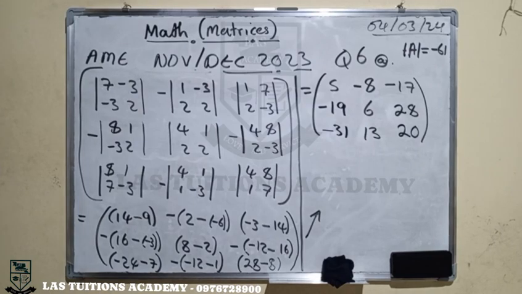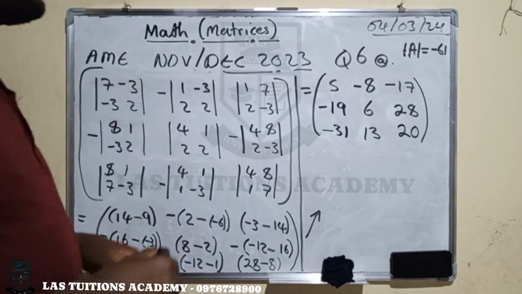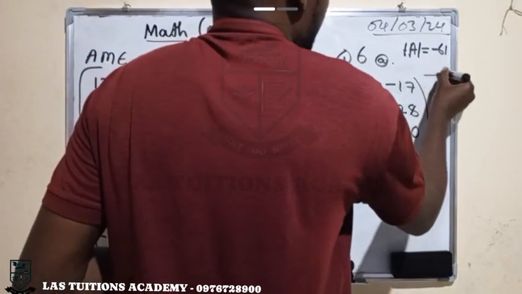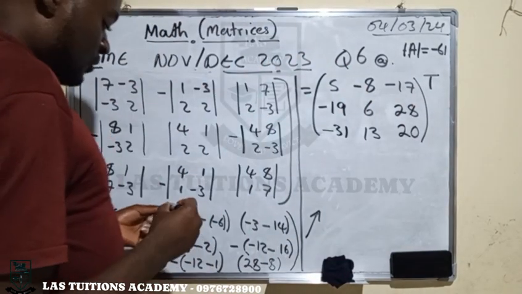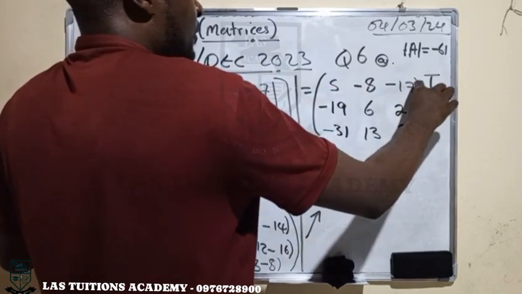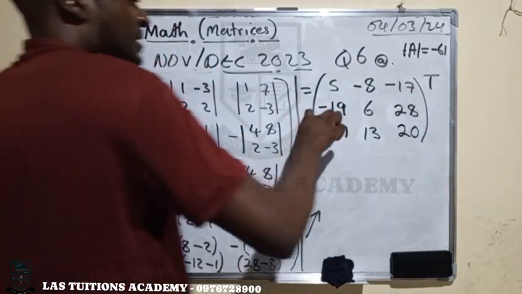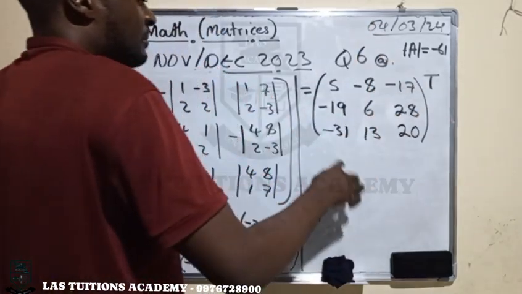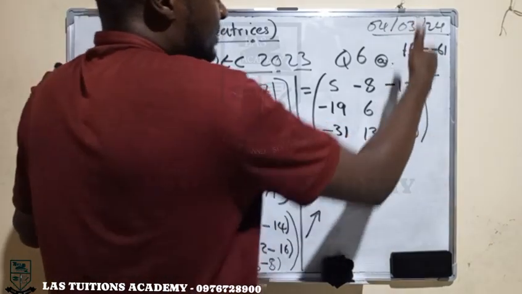Now, because we did not transpose when we started, we need to transpose this. How do we transpose? What do we do when transposing? This entire row becomes the first column. This entire row becomes the middle column. This entire row becomes the third column.